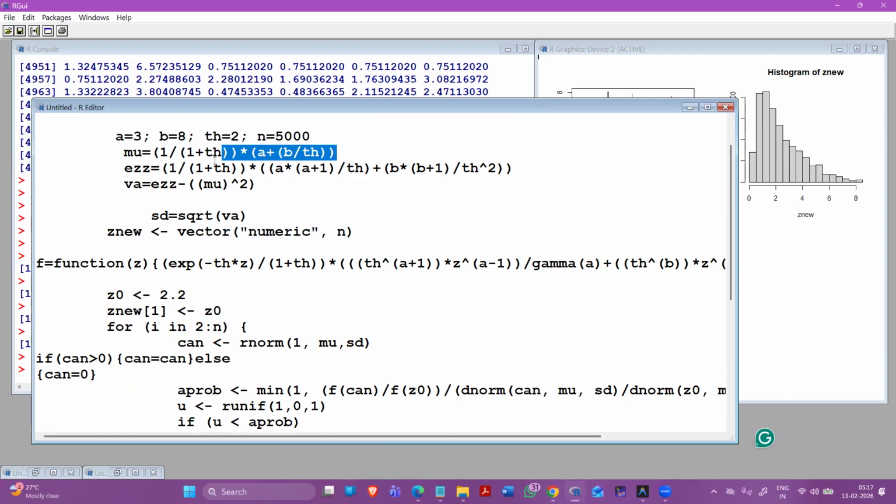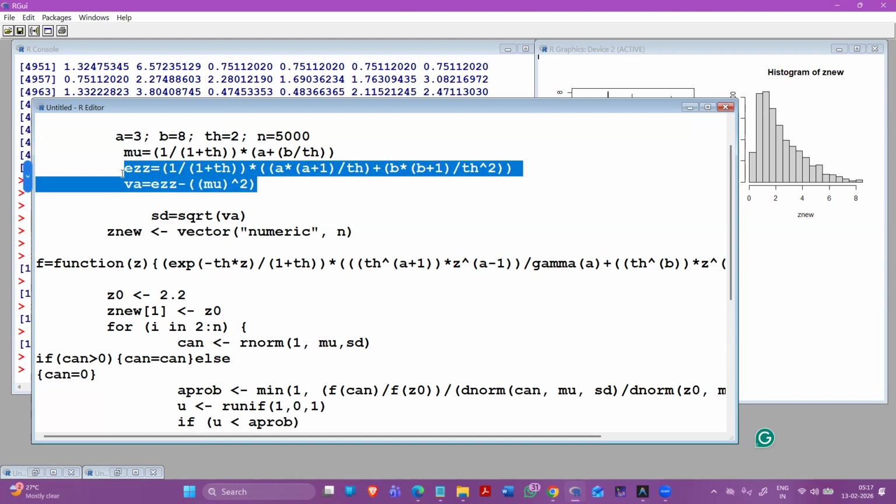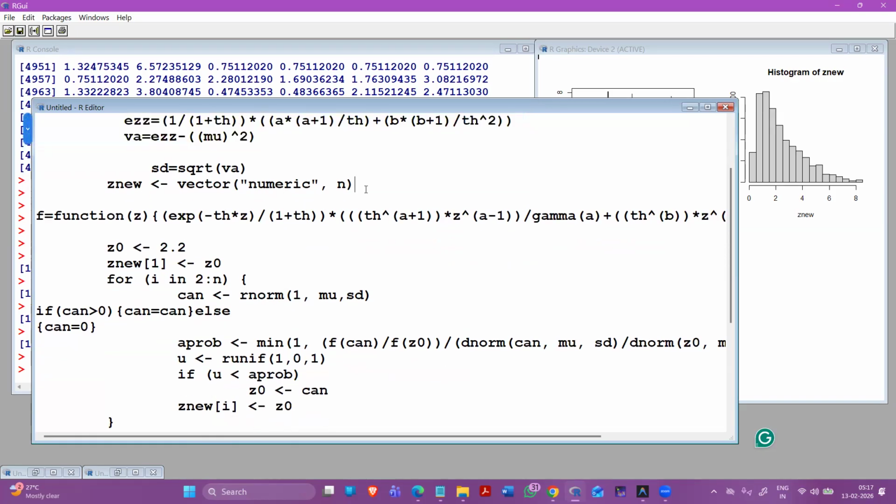Mu is basically the formula of the mean of this distribution, and this is your formula of variance, E of Z squared minus mu whole squared. We are going to store the standard deviation as the square root of variance. Z new we are going to introduce as a vector of numeric values of size n. That is another method to store the values.